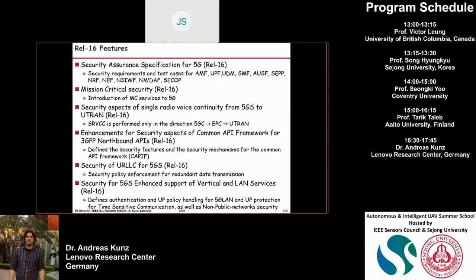Then we have single radio voice call continuity, which is going from 5G to UTRAN. This handover is performed only in one direction, from 5G via the 4G to the 3G. And if the UE wants to come back, it has to re-register in 5G.